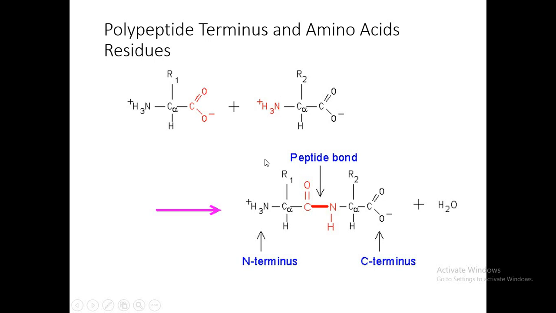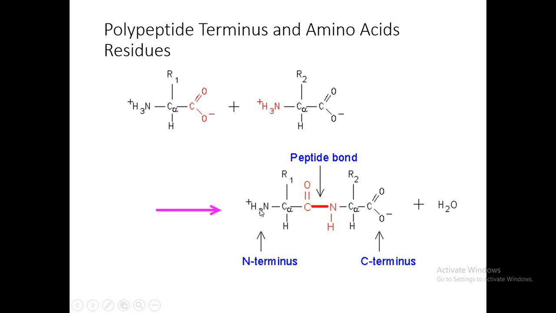So if you have an amino acid that does not have the hydroxyl in the carboxylic group and does not have the hydrogen atom in the amino group, these are called residues. These amino acid residues, after the removal of hydroxyl and hydrogen via the condensation or dehydration reaction, join with each other via peptide bonds and make a polypeptide chain.